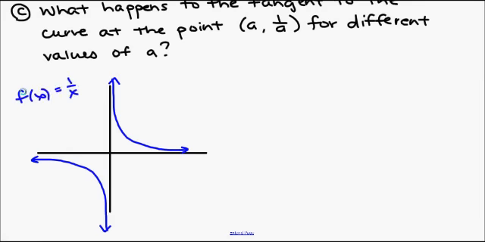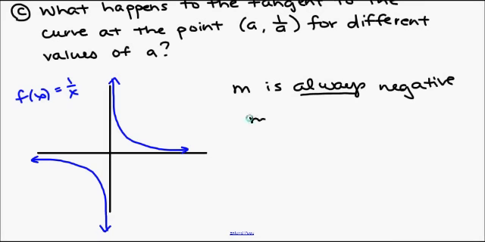And you can see, looking at this graph, that our slope m is always negative. You could also tell by looking at the slope that we found. Remember, m equals -1 over a squared. So it is a negative number. You can see it's always decreasing.